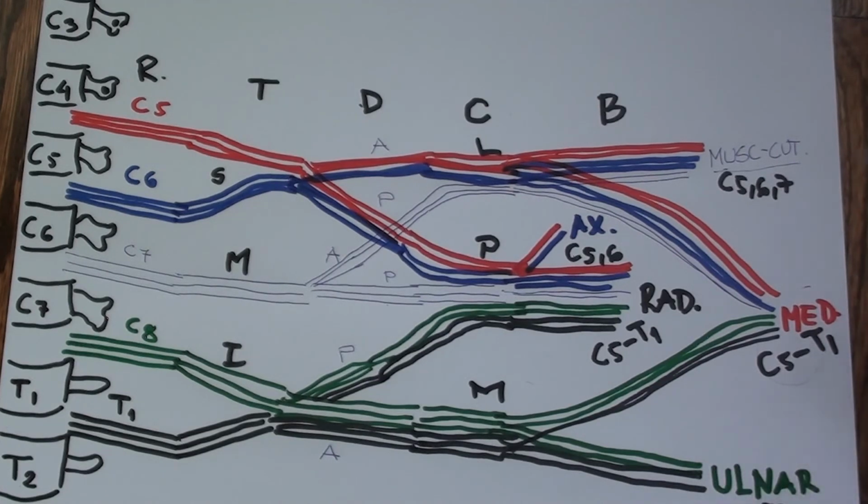Ulnar nerve, of all the muscles of the anterior forearm, innervated just flexor carpi ulnaris and the medial half of the flexor digitorum profundus. All other muscles of the anterior forearm are innervated by the median nerve. Obviously, median and ulnar nerve are getting into the hand.